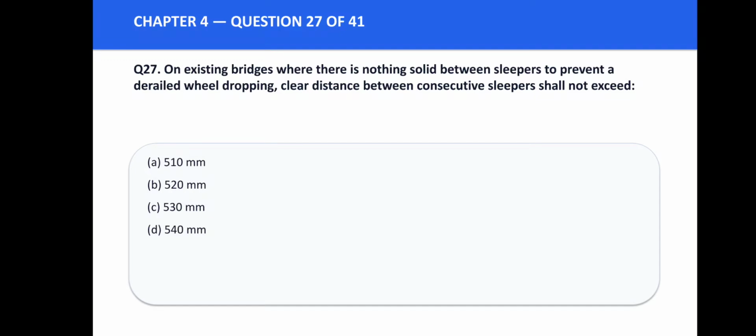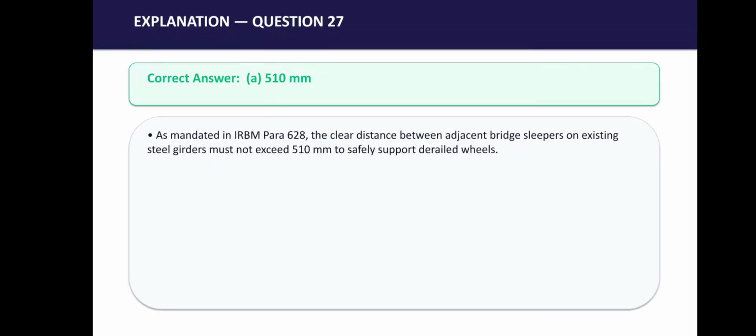Option D, 540 millimeters. The correct answer is option A, 510 millimeters. Explanation. As mandated in IRBM Para 628, the clear distance between adjacent bridge sleepers on existing steel girders must not exceed 510 millimeters to safely support derailed wheels.